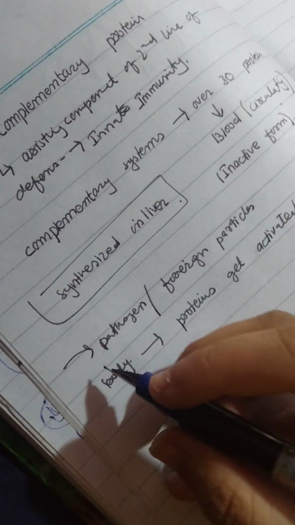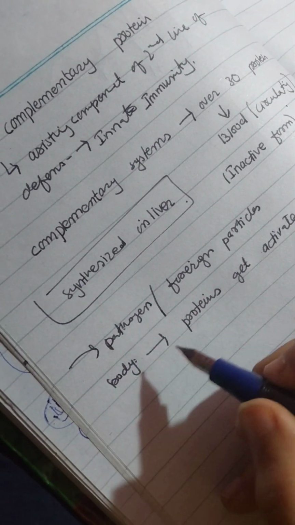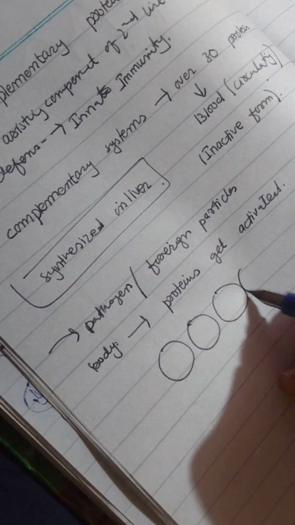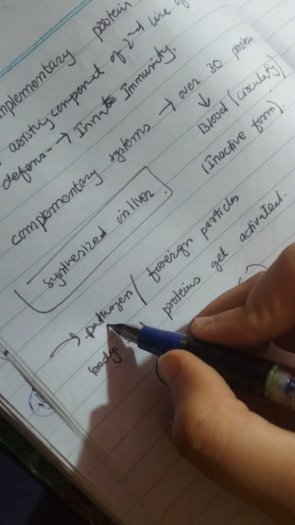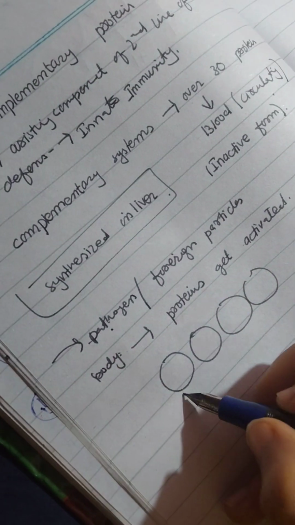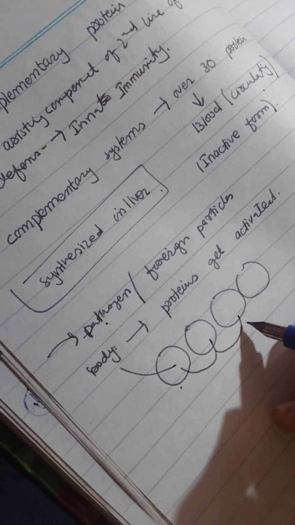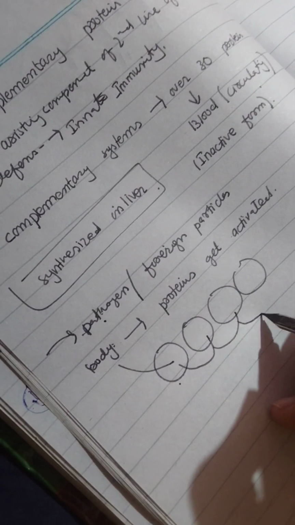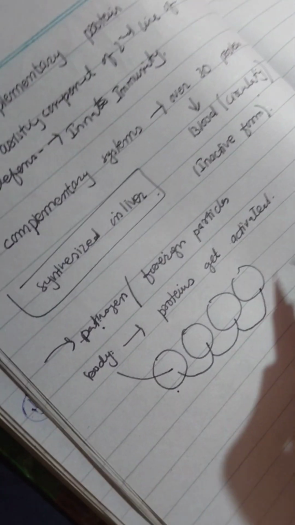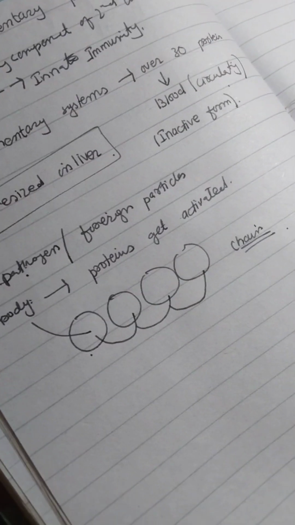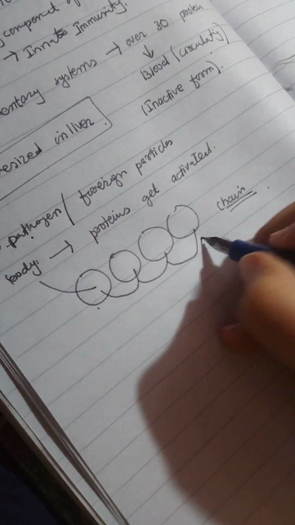Now what does that mean? Consider this one pathogen has entered into our body. This is a protein, right? These are the proteins. Now, as the pathogen arrived, this protein is activated. Now this protein will activate this one protein, and this one will activate this protein, and this will activate this one. Basically, a chain will be formed, like they will activate each other, right?